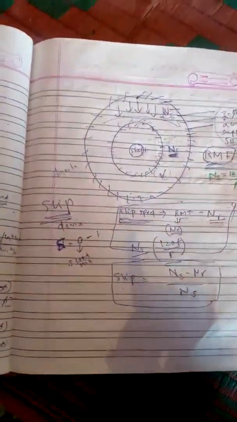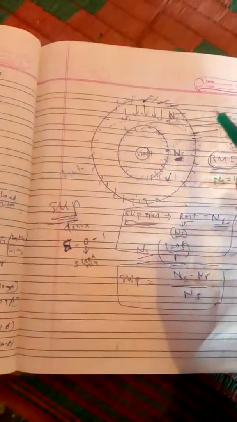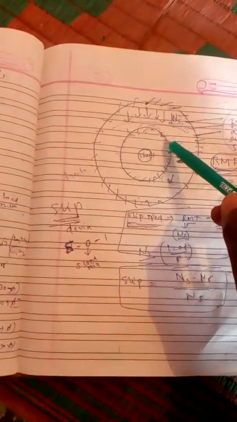According to Faraday's laws of induction, there should be a relative motion between the flux and the conductor.